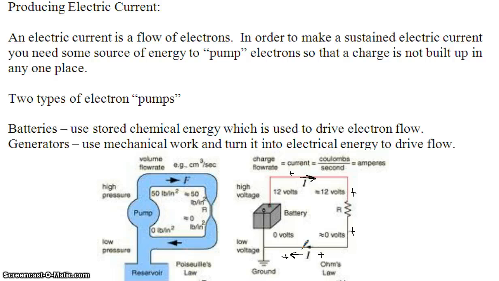But we know now that it's not positive charges flowing from the positive to the negative side of the battery. It is negative charges flowing from the negative side of the battery to the positive side. So the actual current flow is opposite what we write.